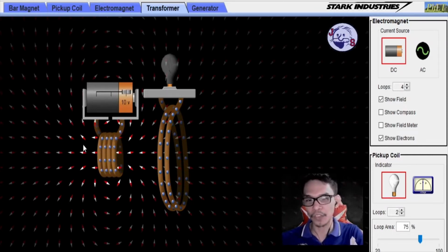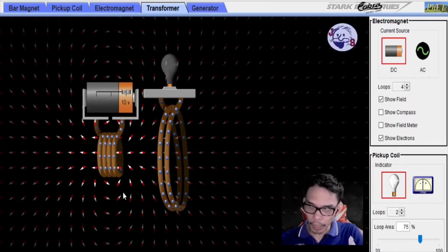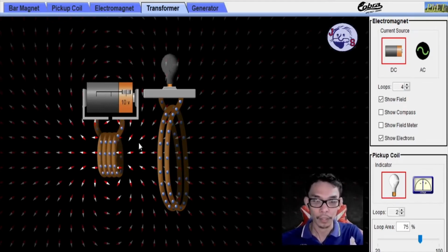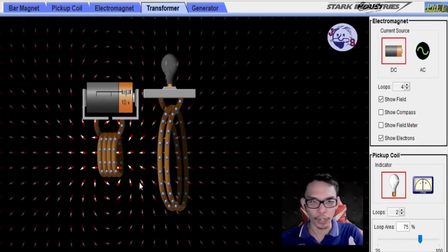There is a magnetic field around this current carrying wire, as what Hans Christian Ørsted said. But do you think this is a changing magnetic field? It is not a changing magnetic field because neither the direction nor the amount of magnetic field is increasing inside this coil.